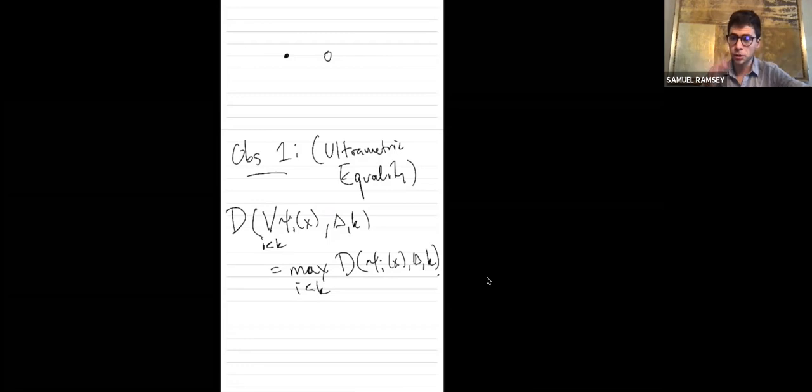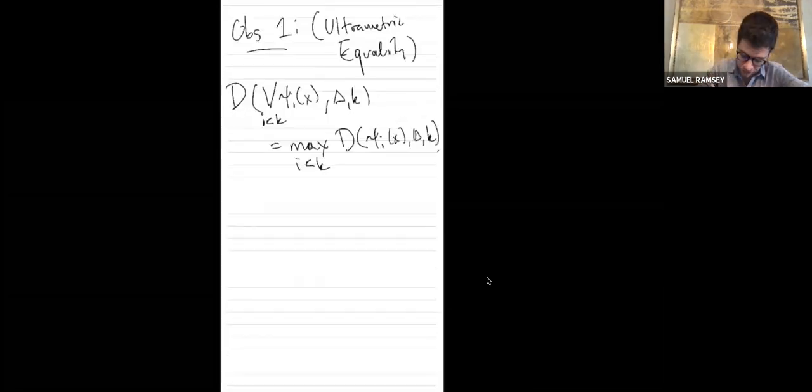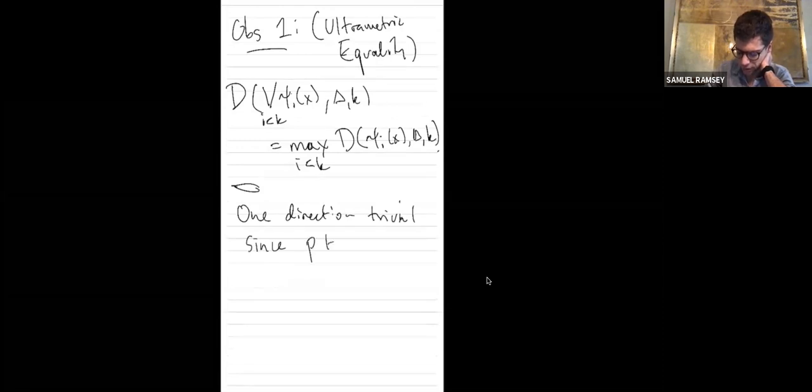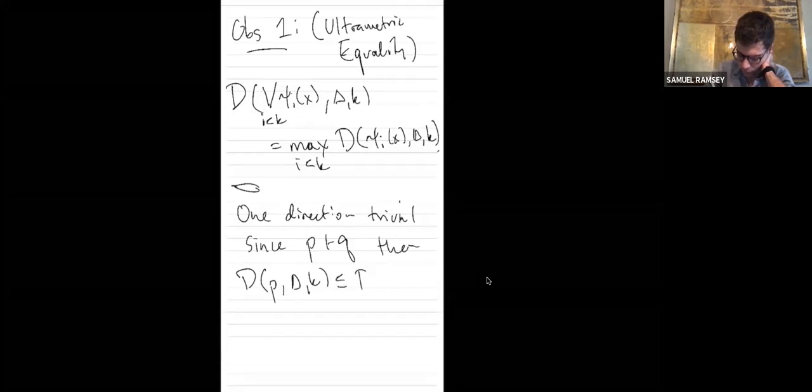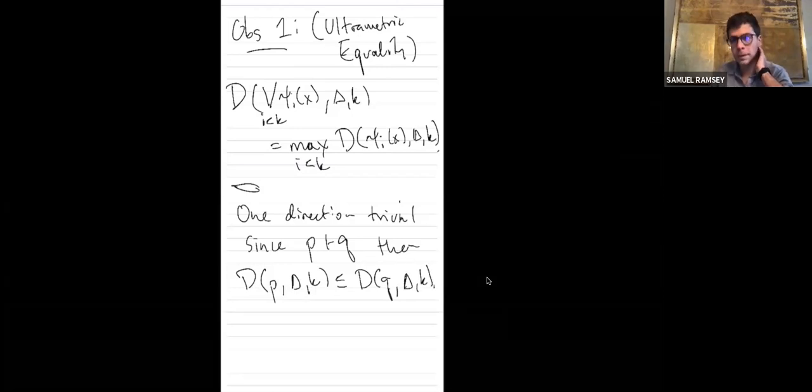All right, so why should that be true? Well, we'll just prove it by induction. So one direction is trivial, since if P implies Q, then the rank of P, delta, k is always less than or equal to the rank of Q. And I leave it to you to check, but it's more or less obvious, right?